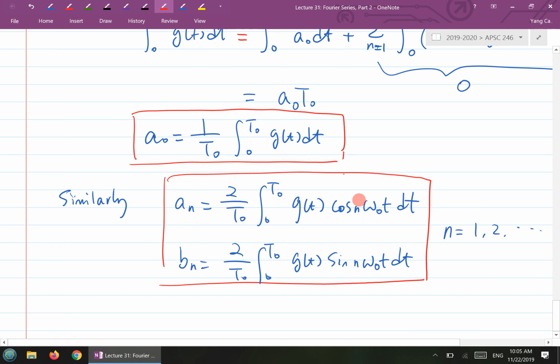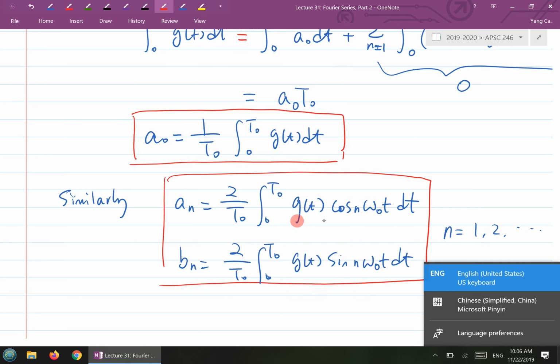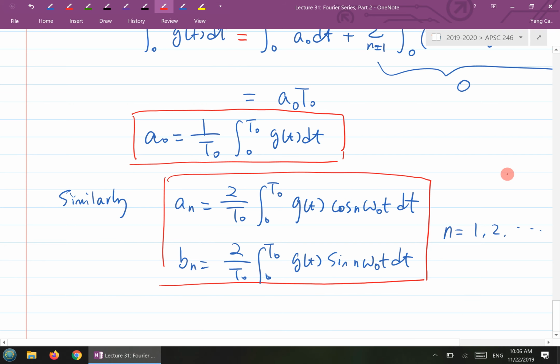When you look at these three integrals, they're really nothing too complicated. They're just integrals of the periodic function times a cosine or sine. Sometimes some examples that you will see involve trigonometric substitution rules, but a lot of the time it's not that complicated.